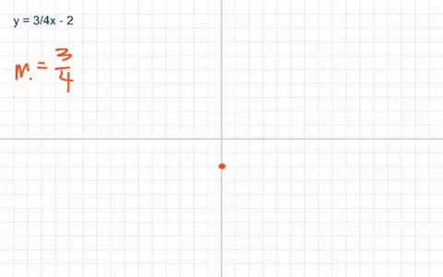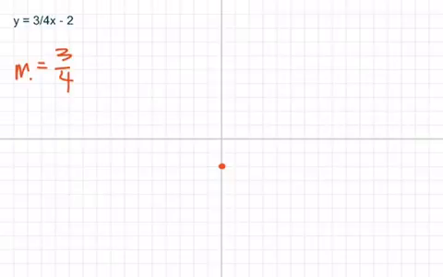When we say rise, what does that mean? That is what type of change? Vertical change. So your rise is your vertical change, and run is your horizontal.